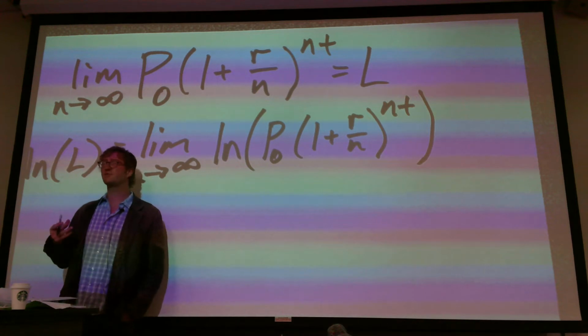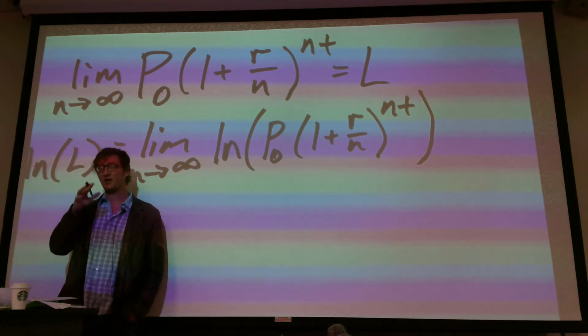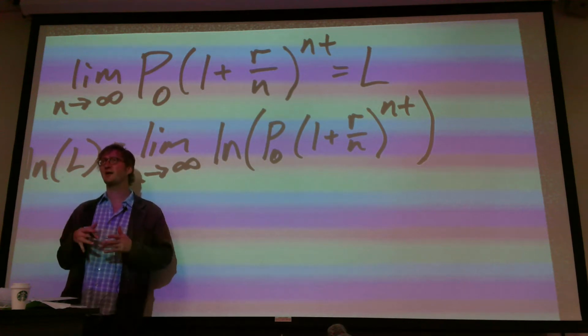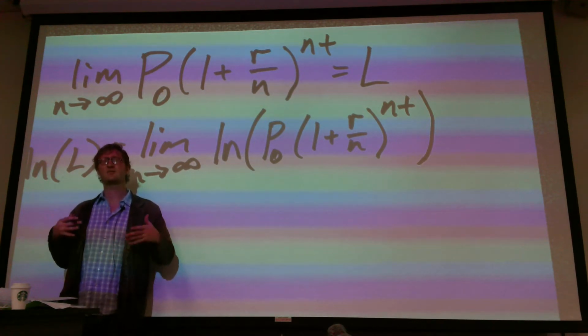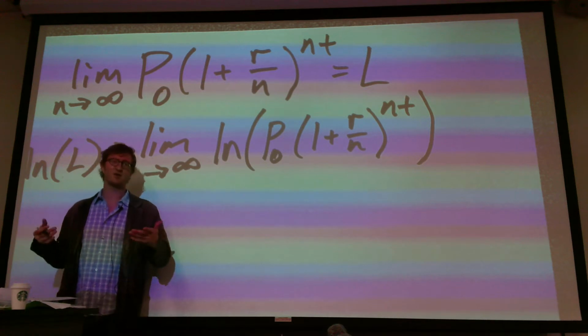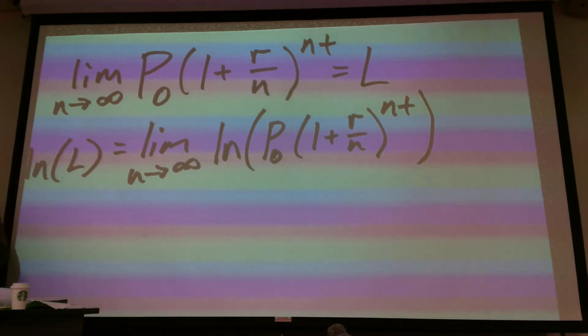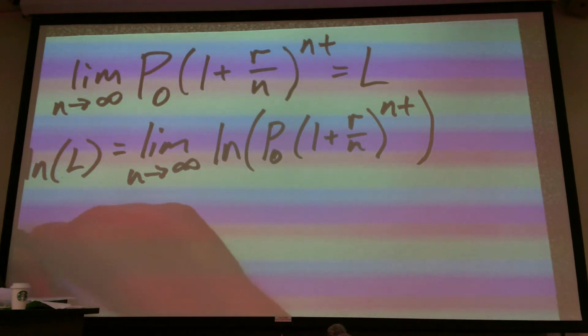Well, the first law of logarithms that we can use, we covered this on the last test when we were breaking things apart. The natural log of A times B is the natural log of A plus the natural log of B. So that's going to allow me to split this in half, kind of.